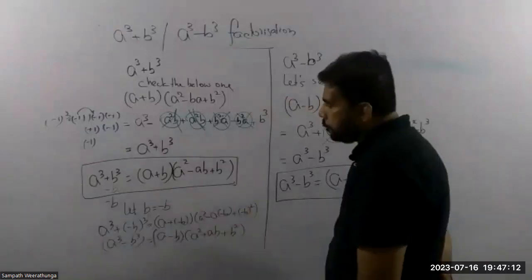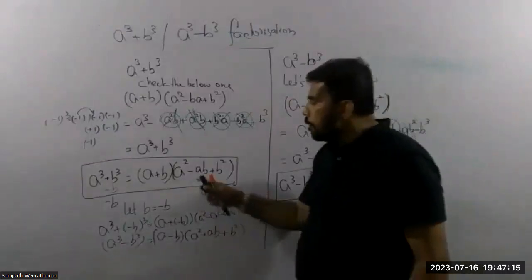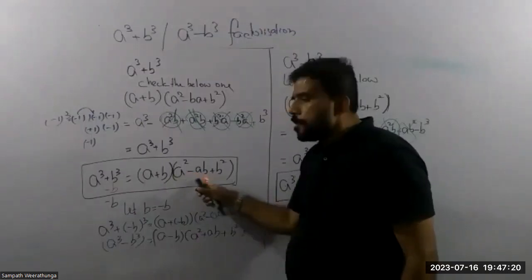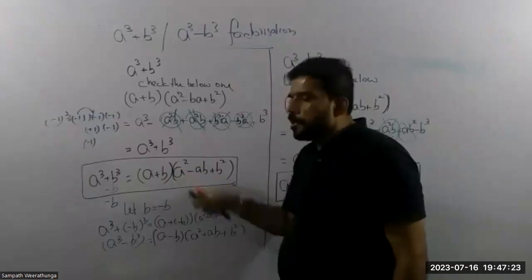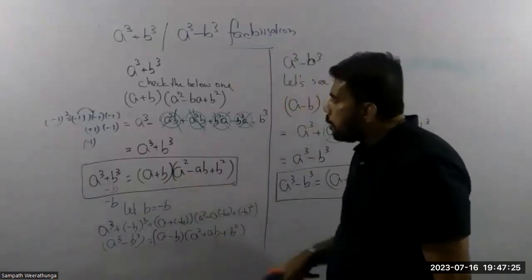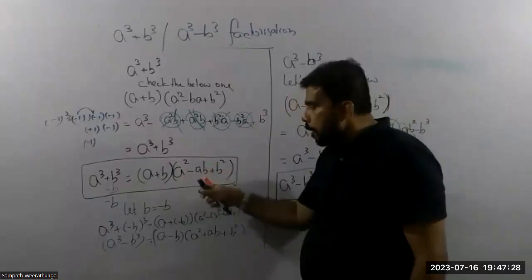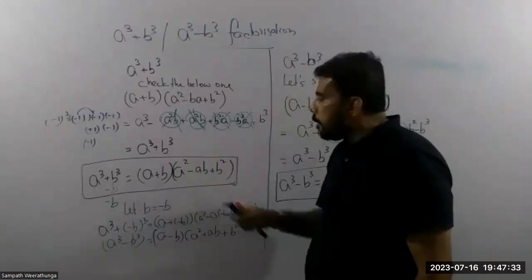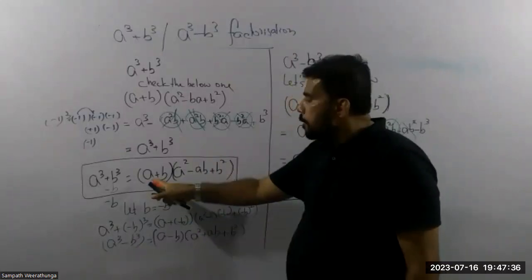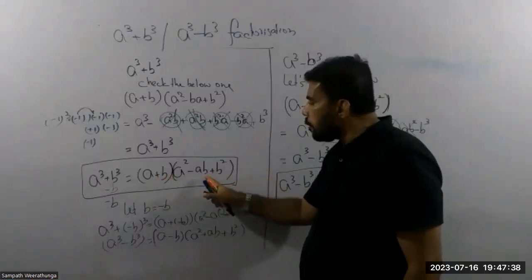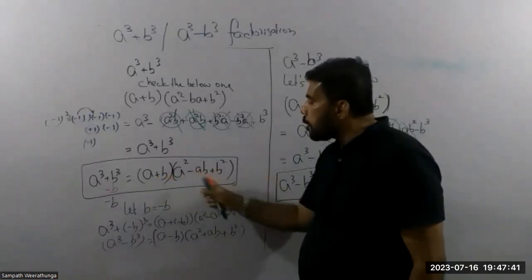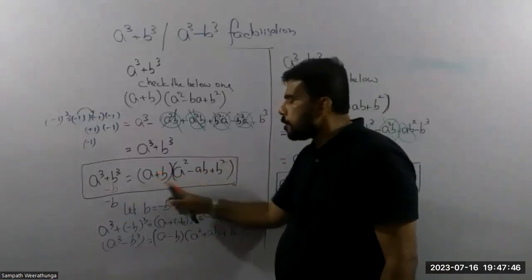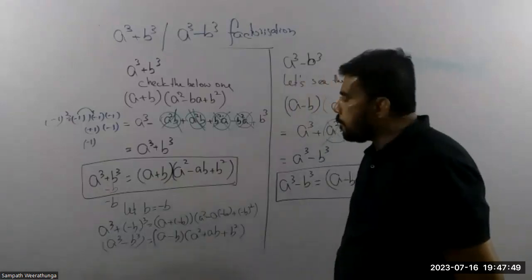That is the logic. So you have to understand the second term is a quadratic form. Then definitely it should contain a square and b square terms. And if this is positive, the center term is the negative of the multiplication of these two terms. That is the logic.